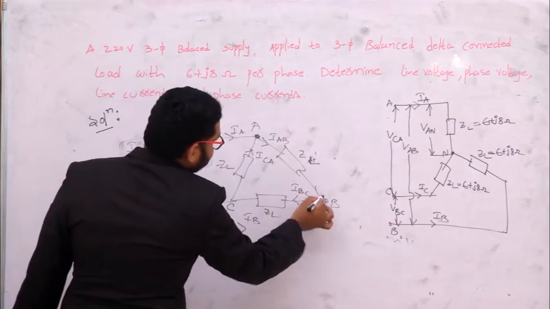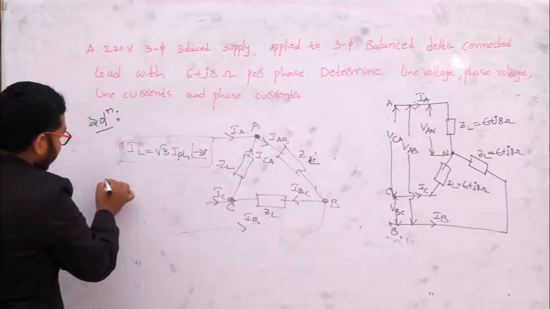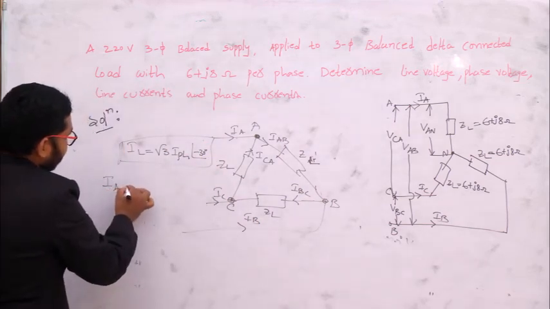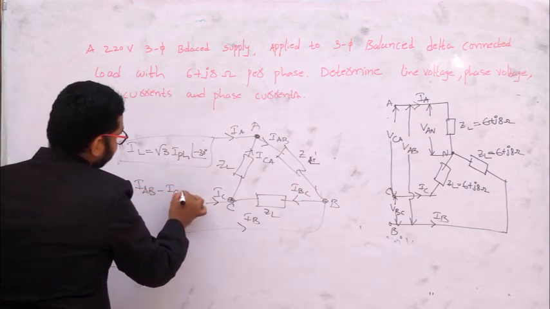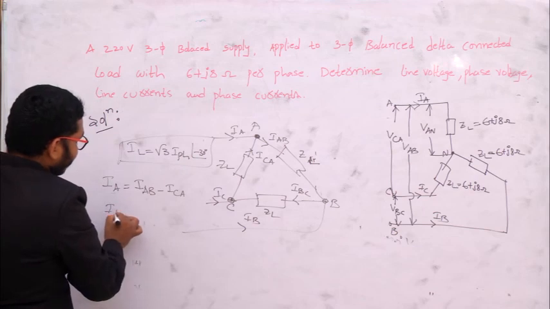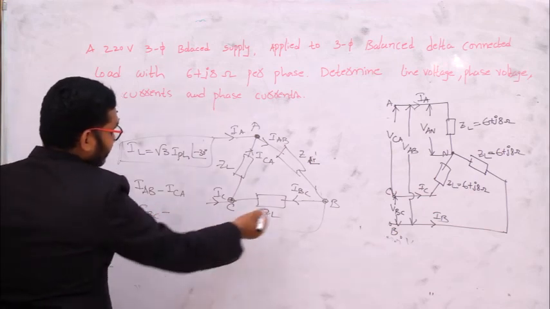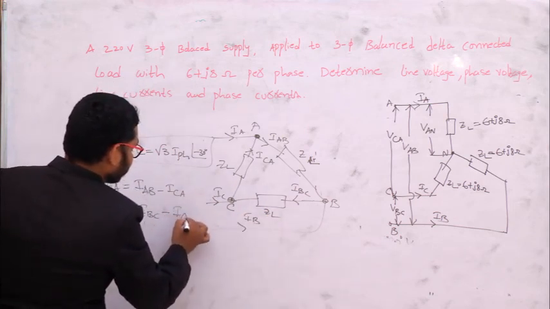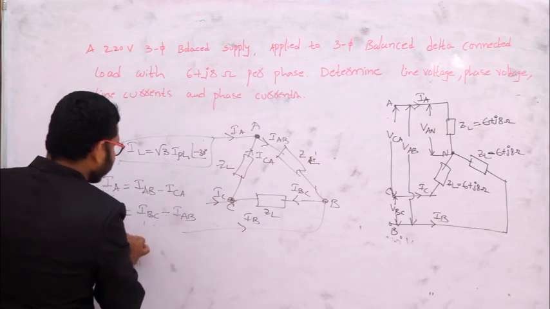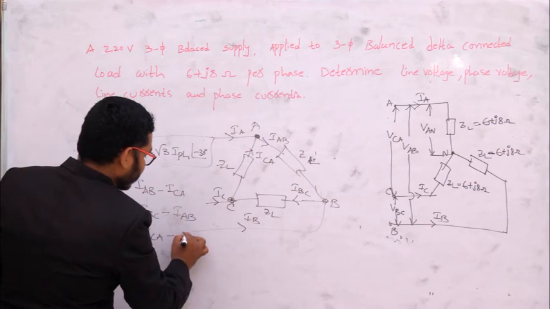Suppose at node A you apply KCL, you will get IA equals IAB minus ICA. Similarly for IB you will get IBC minus IAB, and for IC, ICA minus IBC.